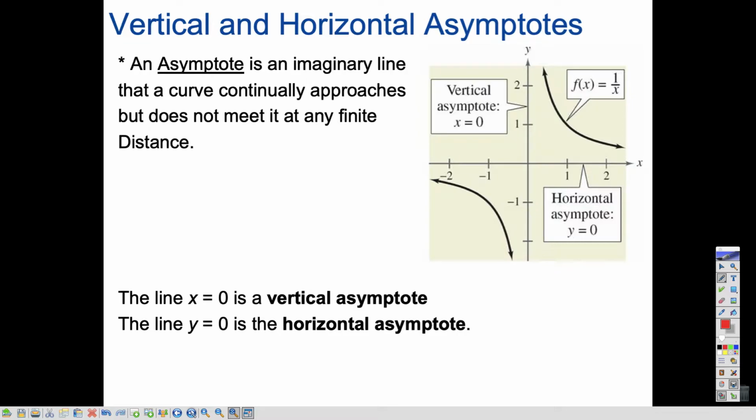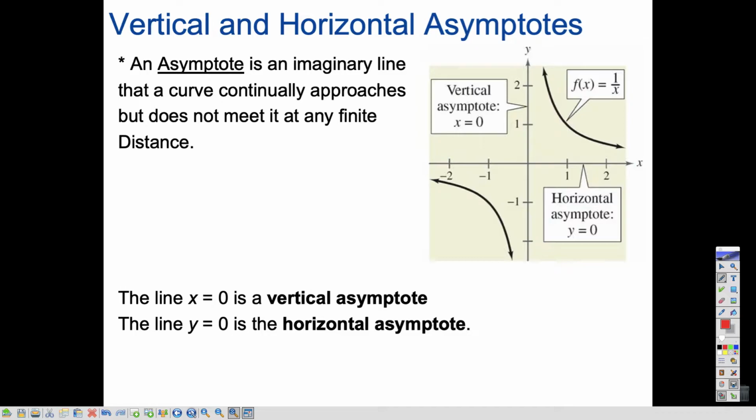So an asymptote is an imaginary line that I get closer and closer and closer to, but never get to.